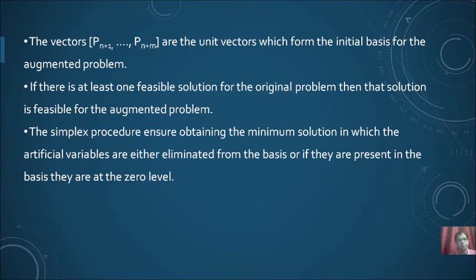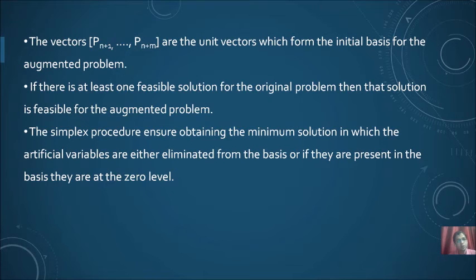The simplex procedure ensures obtaining the minimum solution in which the artificial variables are either eliminated from the basis, or, if they are present in the basis, they are at zero level. What does it mean? It means that in the final simplex table, the artificial variables are either eliminated from the basis, or if present, they are at zero level.